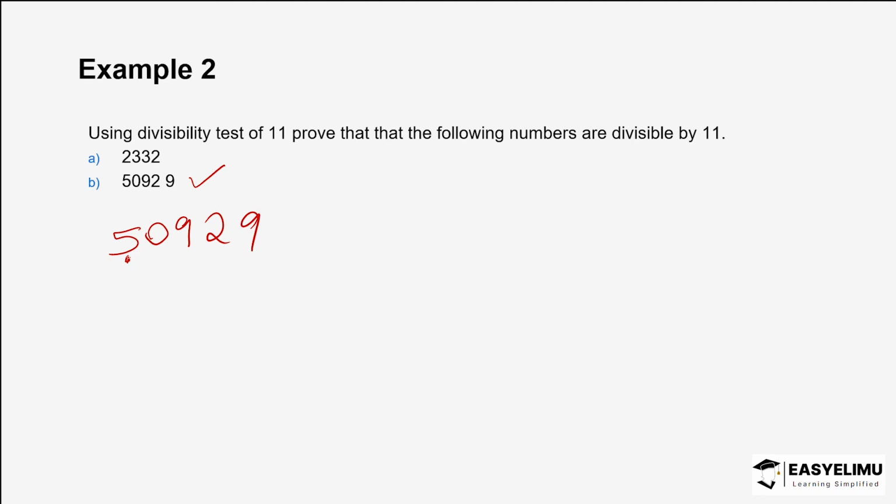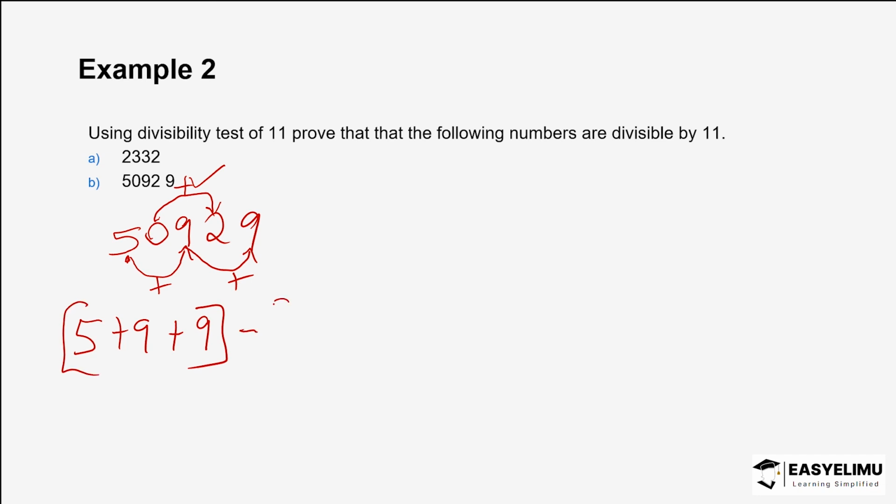If you start with 5, you go to 9, and then from 9 you skip 2, you go to the next. Then if you move to position number 2, you'll skip position number 3 and go to position number 4. Remember, as you sum them up, we are adding 5 plus 9 plus 9, and then we are subtracting 0 plus 2.